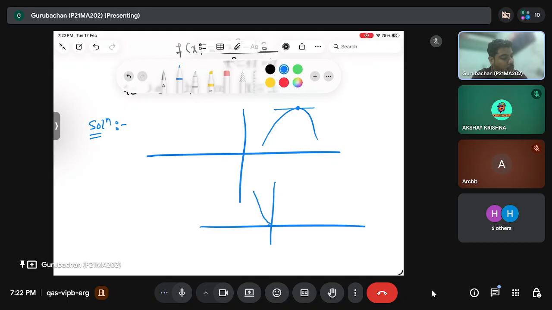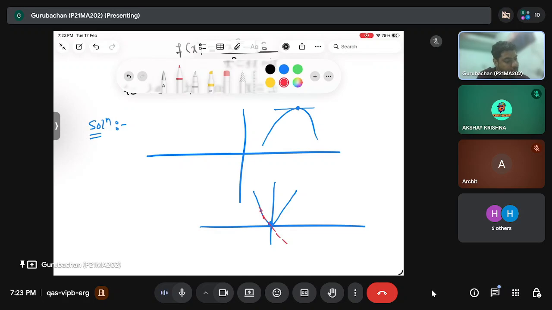While if you talk about this mod of x, sorry, this is a graph of mod of x. Everybody knows that. But when you discuss differentiability, that point must have a unique tangent. Now you try to draw the tangent from the left hand side. Where will the tangent go? Like this, from the left hand side.